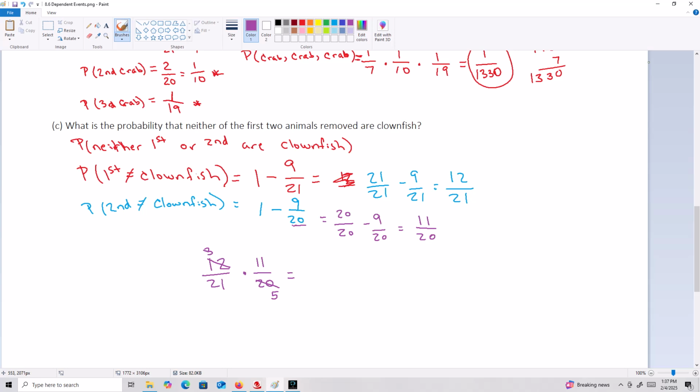Then 3 goes into 3 once, and 3 goes into 21 7 times. Then you get 11 over 35. So the probability of not getting a clownfish the first time and not getting a clownfish the second time, on the very first 2 times you get something out of the tank, is 11 out of 35.